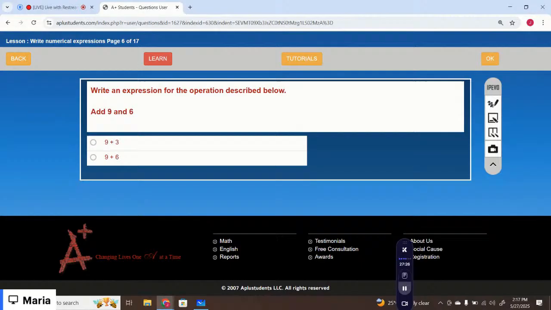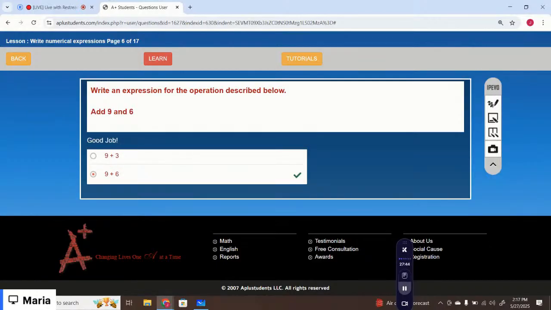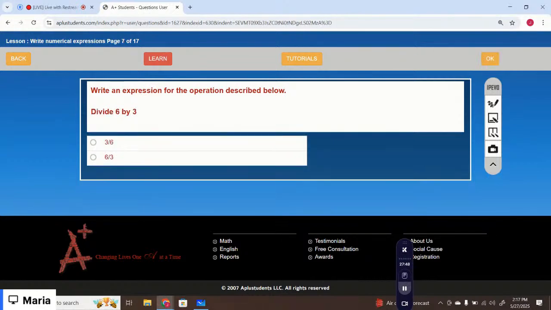Write an expression for the operation described below. Add 9 and 6. You need to add, that is 9 plus 6. That is the correct option, we need to add, that is 9 plus 6. Write an expression for the operation described below: divide 6 by 3.